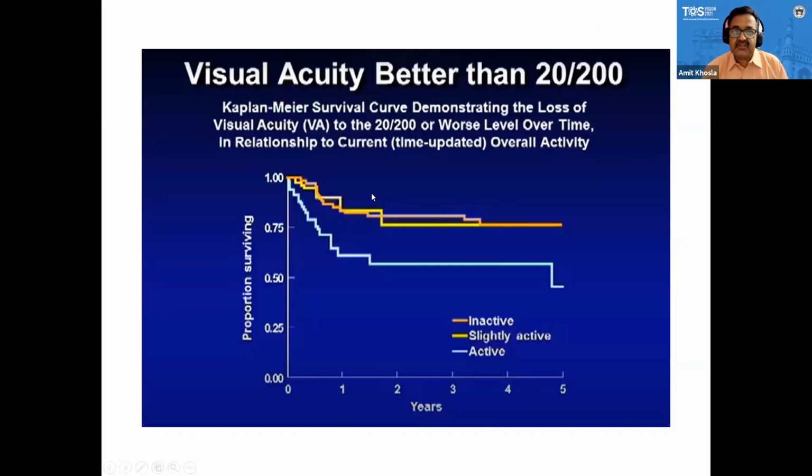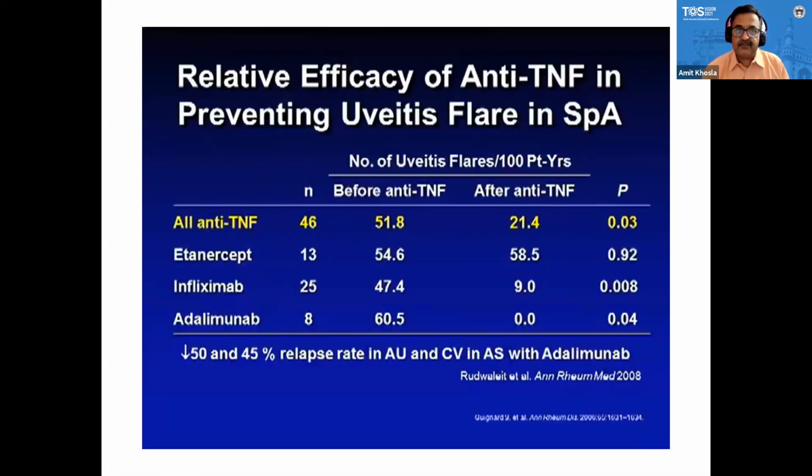Now, this is an article which says that the vision loss in active disease over the years, 5 years, is more. Sometimes you have a slightly active disease and you have an inactive disease. If you were to follow these patients for 10 to 20 years, you will see that some develop CME, ERMs, and 6/18, 6/12 vision. Should we have treated them 20 years ago to prevent that vision loss?